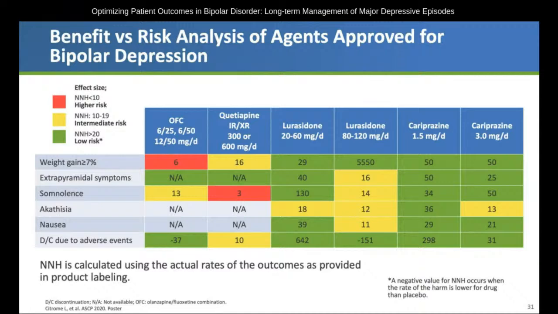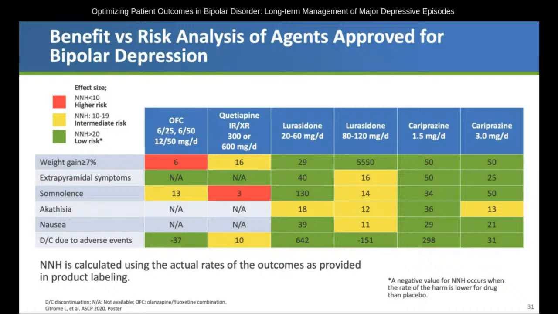And I have here the number needed to harm versus placebo for all the agents that we talked about, including different doses of some of the agents. And that gives us an idea of how often we would expect to encounter various adverse events we would rather avoid. In red are those number needed to harm values less than 10, which denote a higher risk.